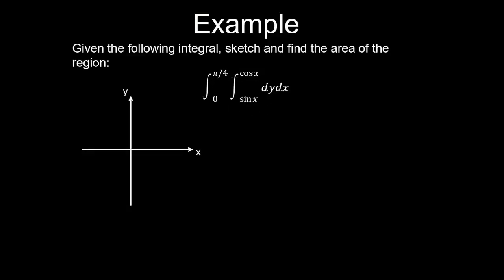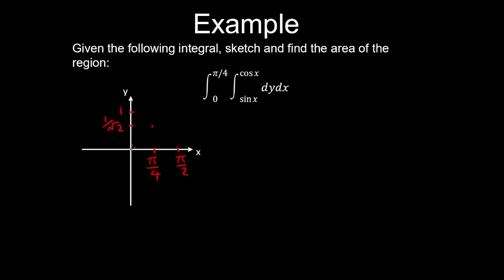Given the following integral, sketch and find the area of the region. So integrating with y first means we're using vertical cross sections, which are bounded below by sine x and above by cosine x. So recall that sine x is a maximum at pi on 2, where it's equal to 1, and at pi on 4, it's equal to 1 on root 2.